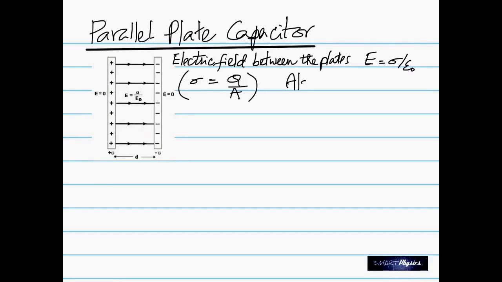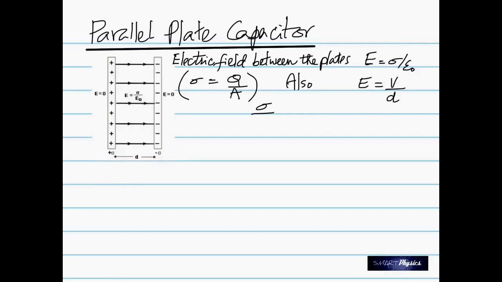And so on substituting, but before that also, you see, intensity of electric field between the plates can be written as the voltage between the plates divided by the distance between them. D is the distance between the plates.